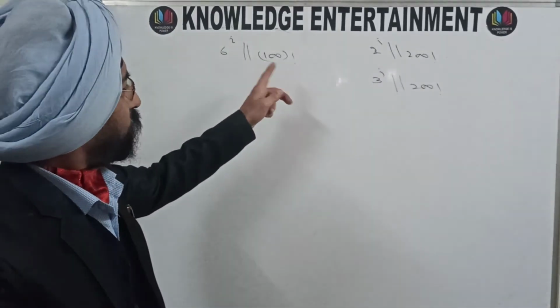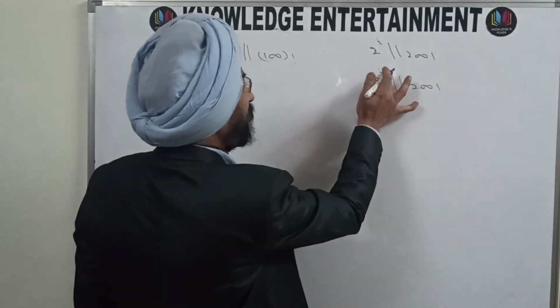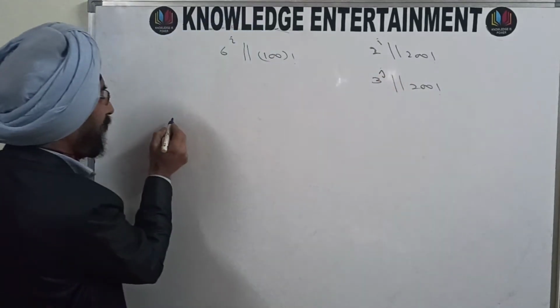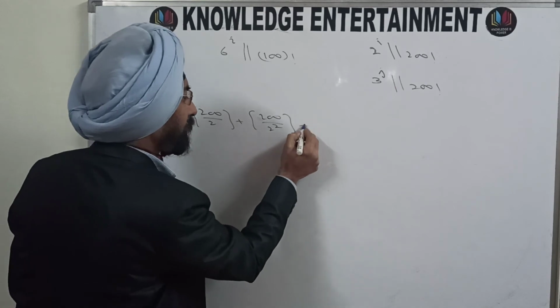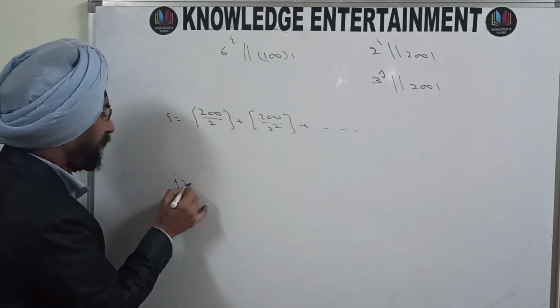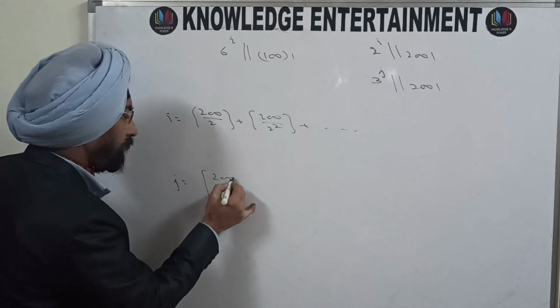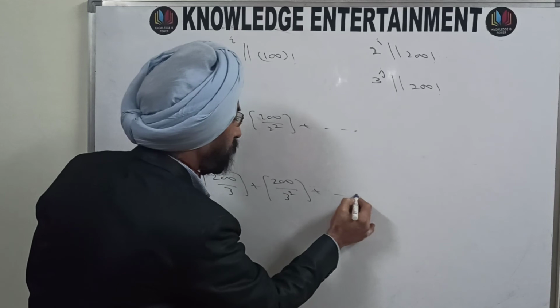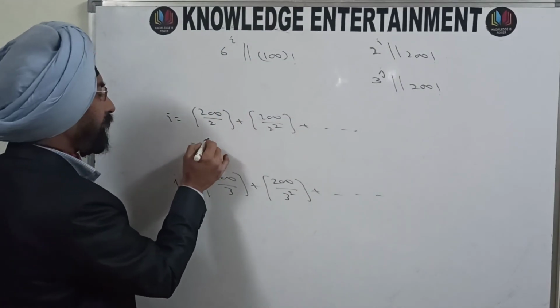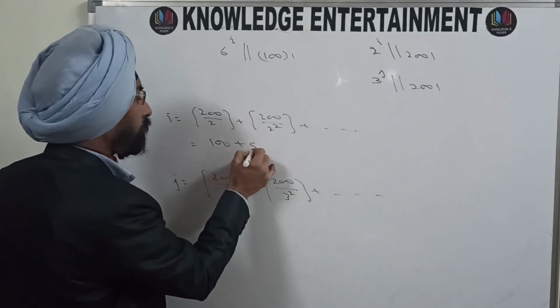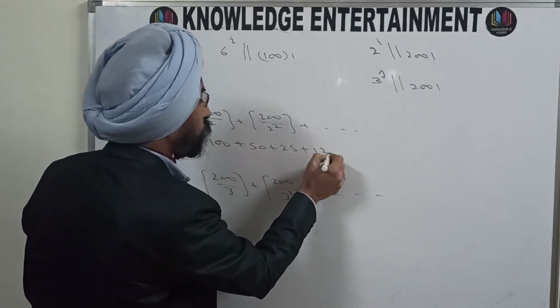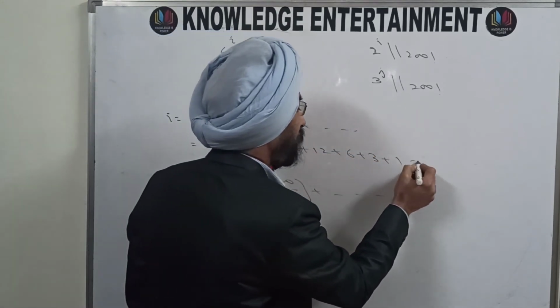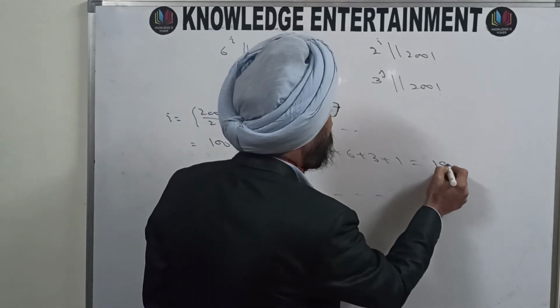So how to do that? For 2, suppose here I am taking I. So I is equal to 200 upon 2 greatest integer plus 200 upon 2 square greatest integer plus and so on. And similarly j is 200 upon 3 greatest integer plus 200 upon 3 square greatest integer plus and so on. So the values we are going to get here: first case is 100 plus 50 plus 25 plus 12 plus 6 plus 3 plus 1, that means 197.